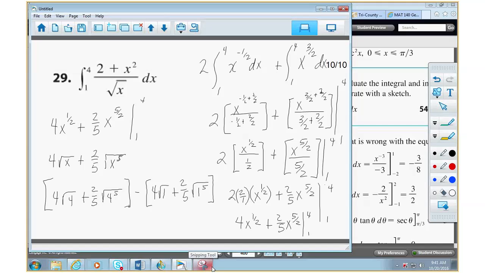So what's 4 times 2? Okay. Plus 2/5 times the square root of 4 is what? 2, and 2 to the 5th power is 32.